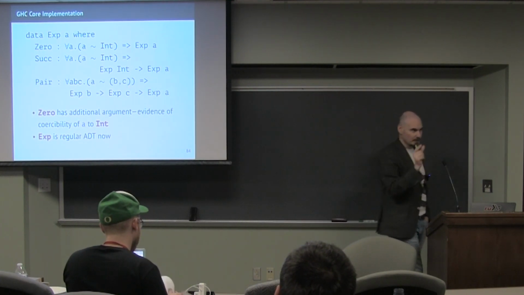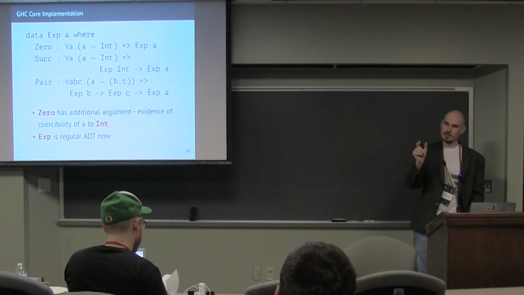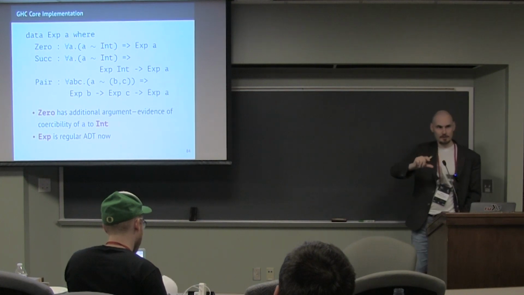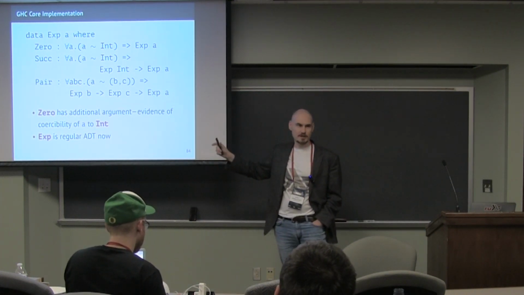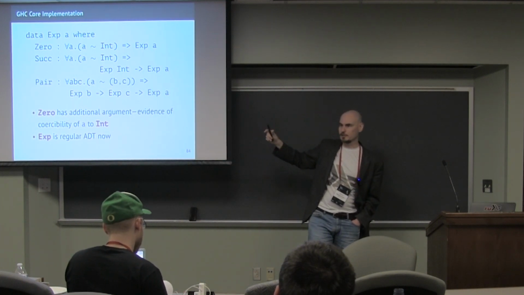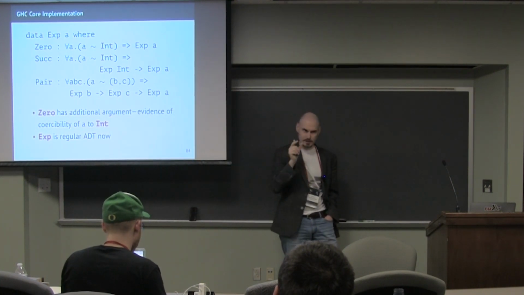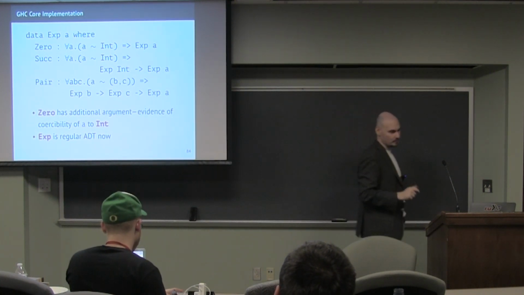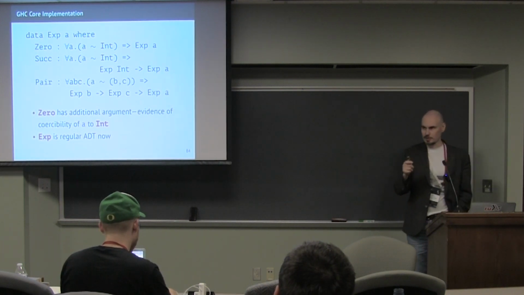So one simple addition of these coercions gives you an ability to implement generalized algebraic data types in terms of algebraic data types. So you don't need anything else from generalized algebraic data types besides this idea of coercibility of two types to each other. But you just have to use this additional argument.